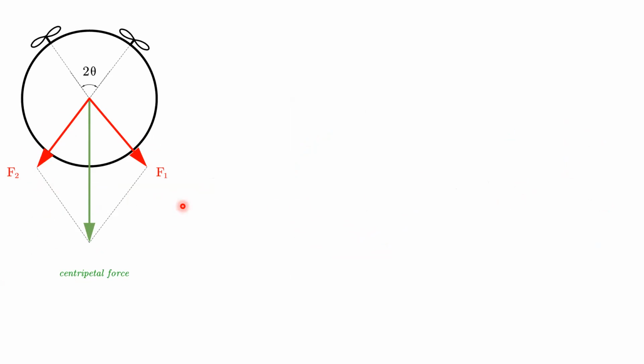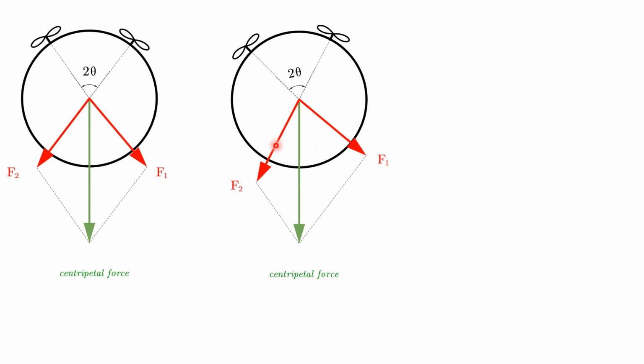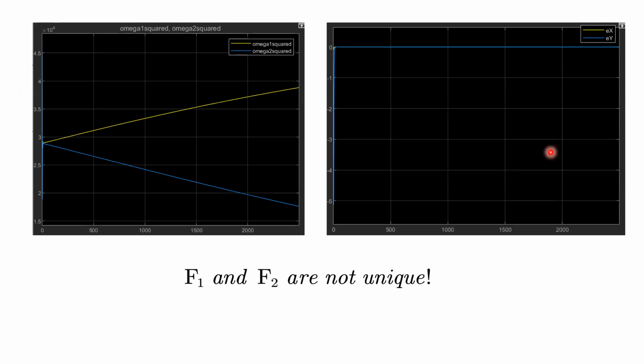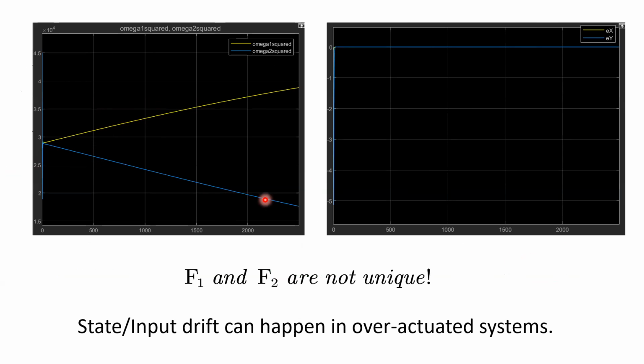If we change the direction of the thrusts, F1 and F2 can also be like this. Moreover, F1 and F2 can be like this. In one word, to generate a specific centripetal force, F1 and F2 are not unique. That's why you see different F1 and F2 in a stable system. The state shift can happen in an over-actuated system.